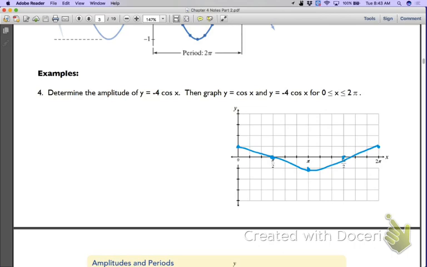If we're going to multiply everything by -4, so a is -4, that means that my amplitude is really positive 4. So then it's just going to mirror, but it's just going to take each value and multiply it by -4.